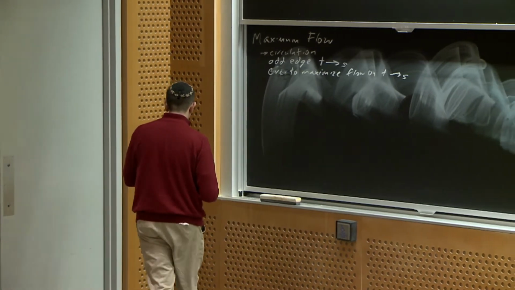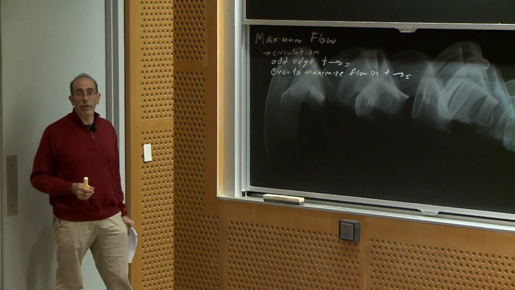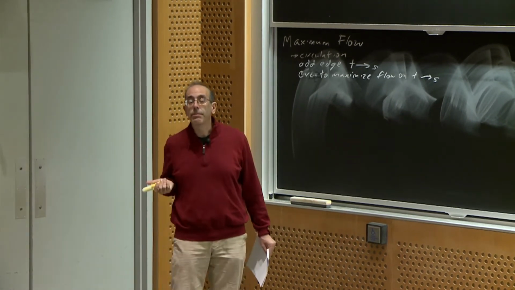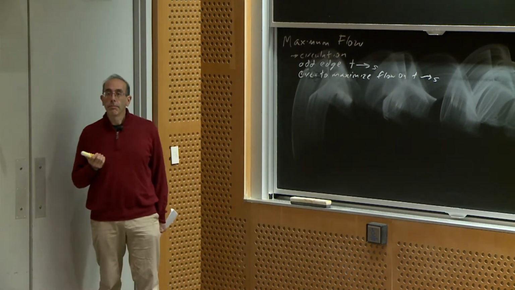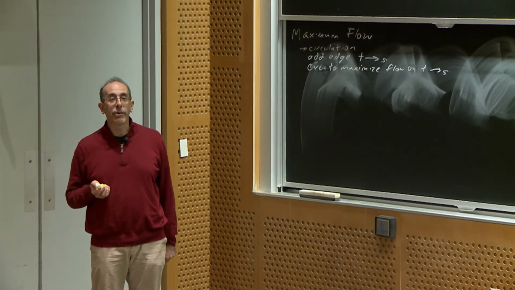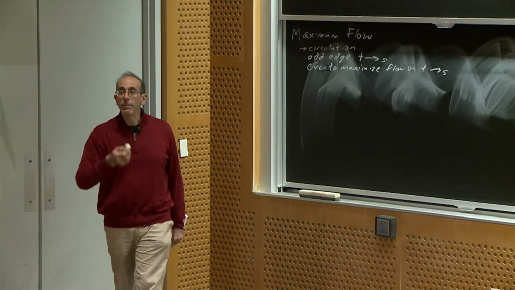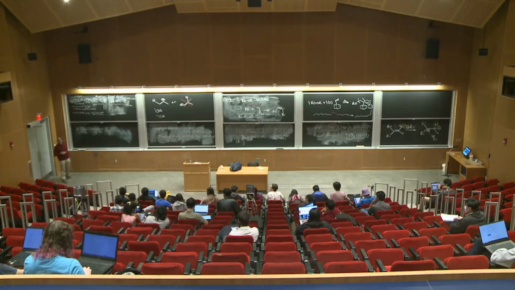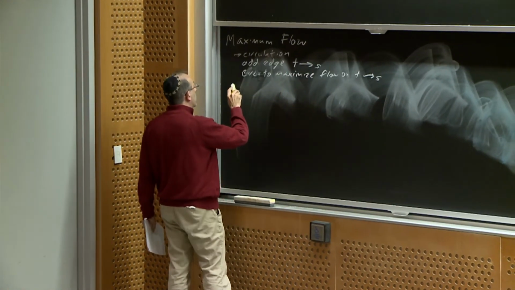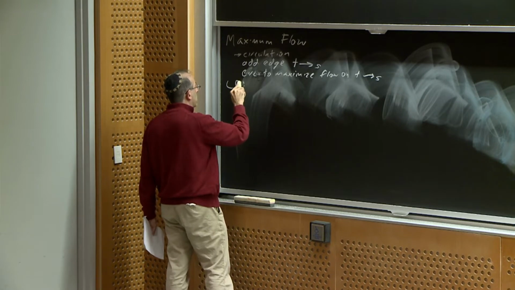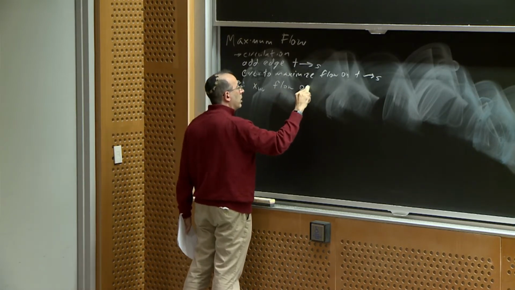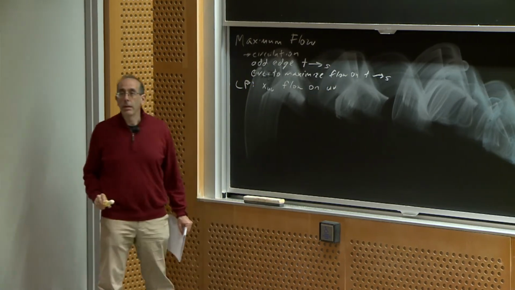Okay? So let's think about how we would formulate this as a linear program. So what are the variables going to be? What are the quantities that we want to assign? Yeah? The flow on every edge, right? So let's write X_UV for the flow on edge UV.